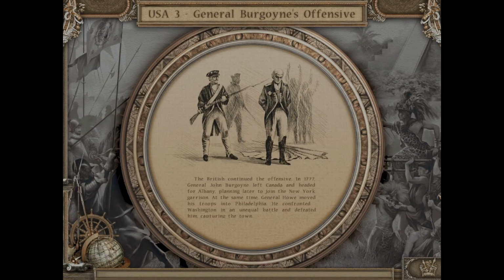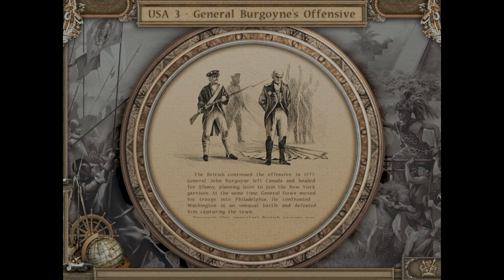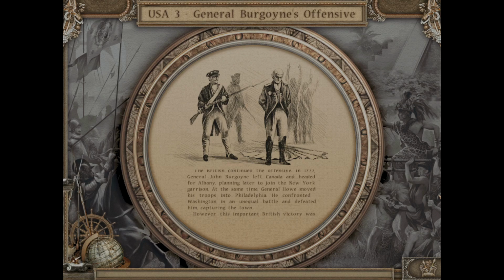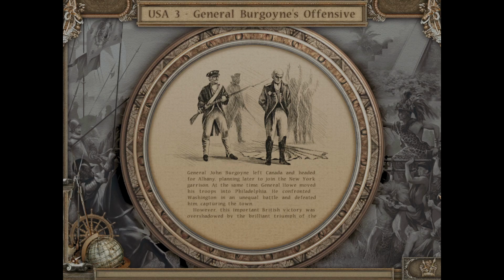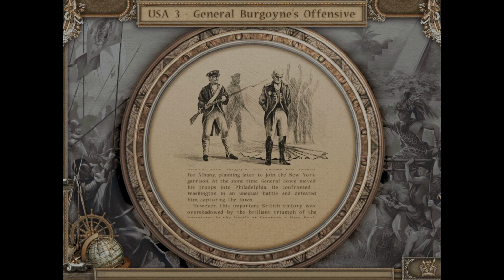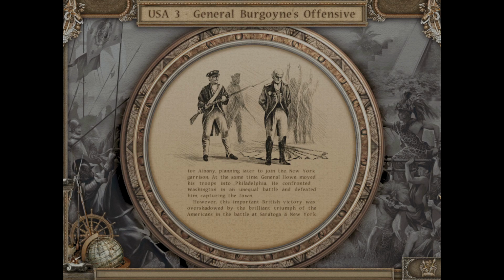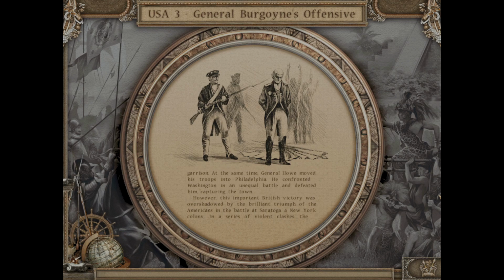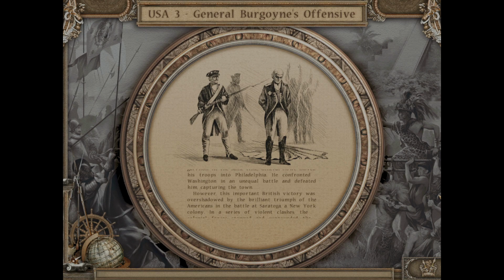The British continued the offensive. In 1777, General John Burgoyne left Canada and headed for Albany, planning later to join the New York garrison. At the same time, General Howe moved his troops into Philadelphia. He confronted Washington in an unequal battle and defeated him, capturing the town.